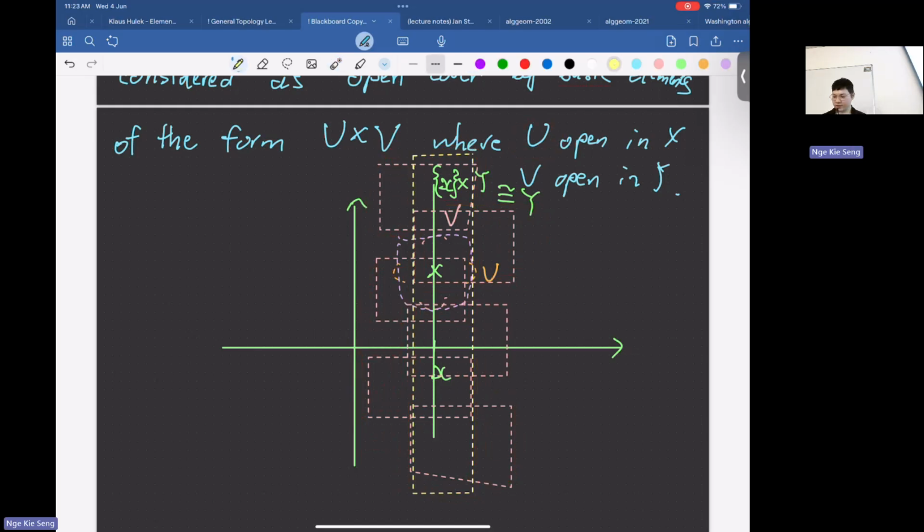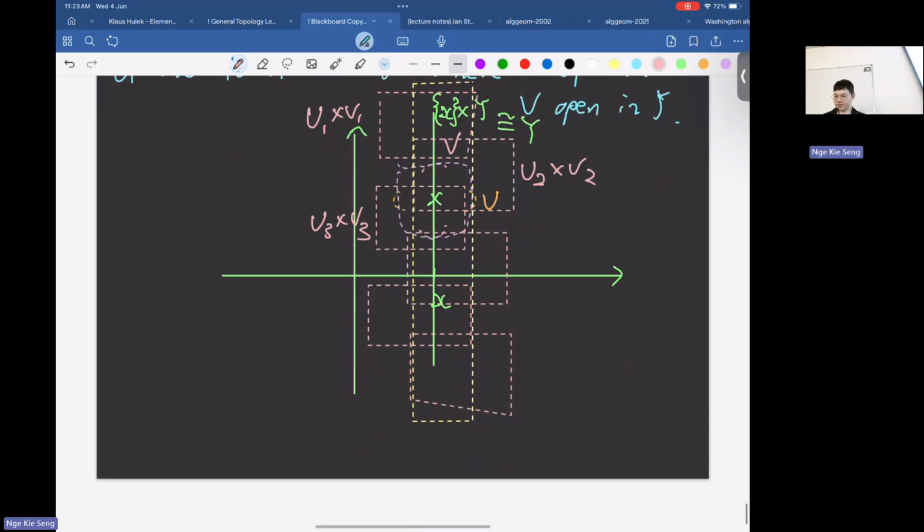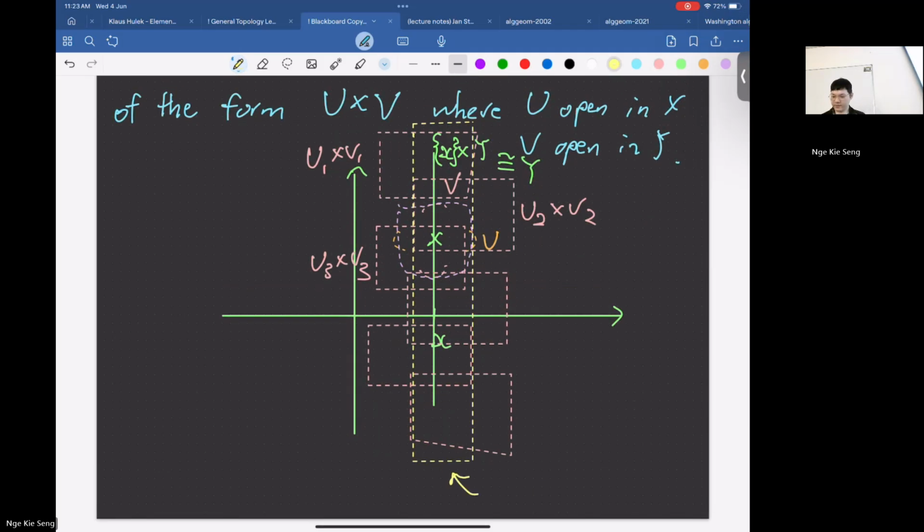Let's call these Ui: U1 cross V1, U2 cross V2, U3 cross V3. So what I do is this is UX cross Y, where UX is a finite intersection of the Ui here. Finitely many of them because this piece is compact.